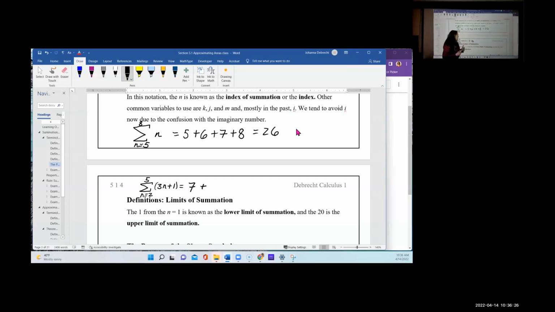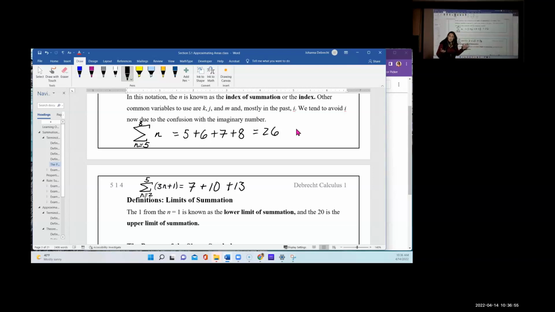And then I put a plus, and now I let n be 3. And I get 3 times 3 is 9. 9 plus 1 is 10. So my next value that I'm going to add on is 10. And then I go to 4 because I'm going up to 5. So 3 times 4 is 12, plus 1 is 13. And I can see that there's a pattern developing here, that these are separated by 3.